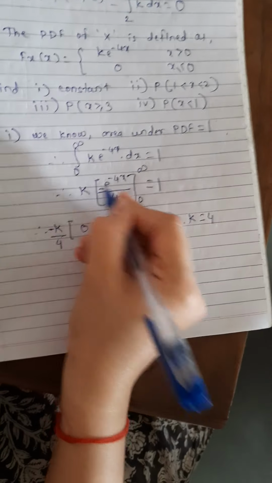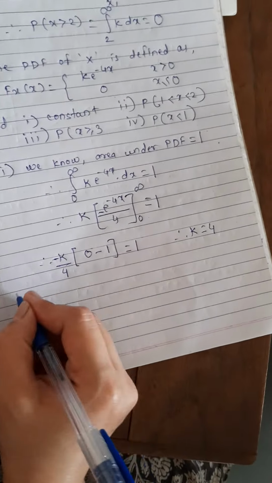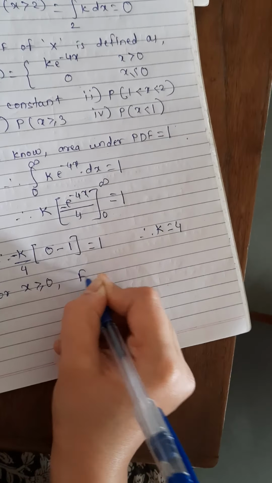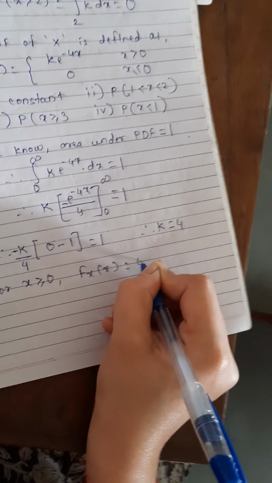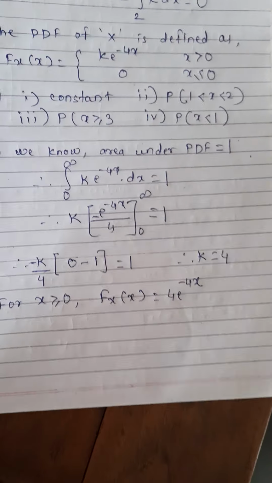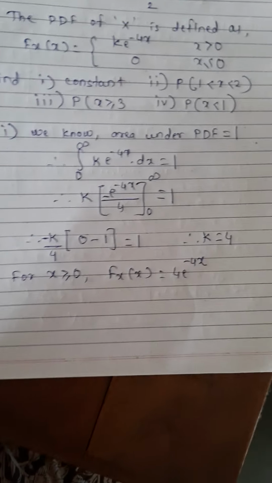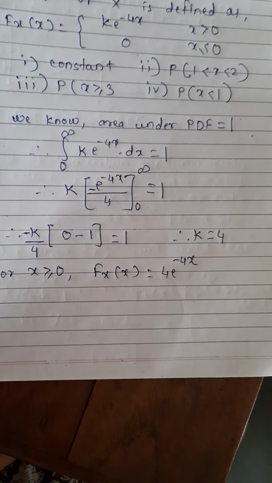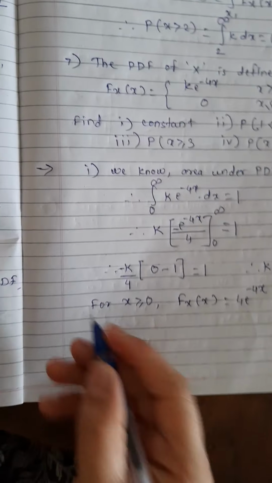Okay. Now for the range x greater than or equal to 0, fx of x is equal to 4 e raised to minus 4x. So we have the value of k, we substitute this and we can write down fx of x is 4 e raised to minus 4x. Now second we have to find the probability.